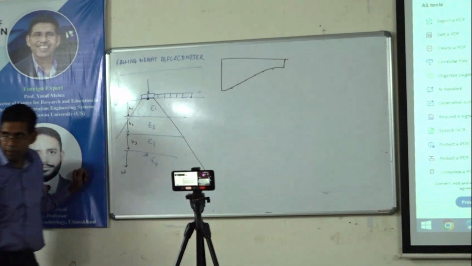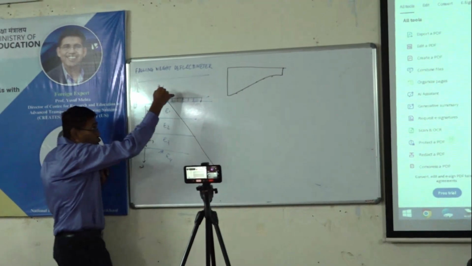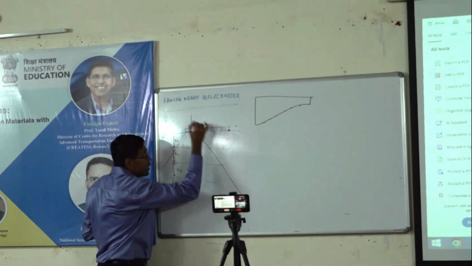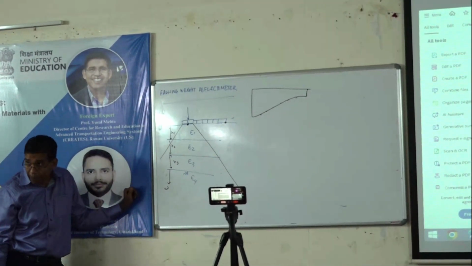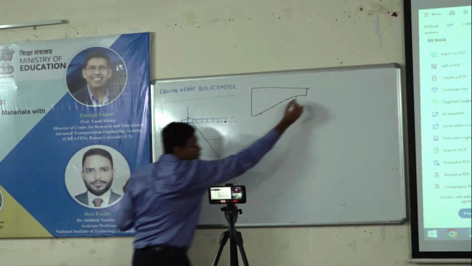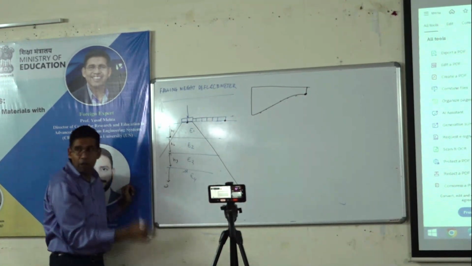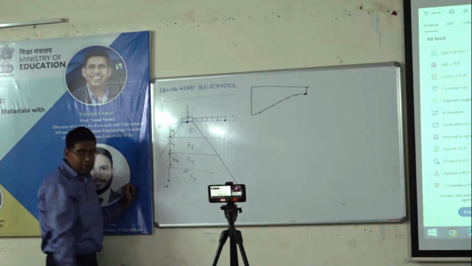Can everybody understand why? Because when I hit a load, there is a cone of distribution and the deformation is happening 6 feet apart. Right? 72 inches apart. But this deflection, whatever this is happening, is not due to E1 or E2, because it is not in the cone of distribution. Can everybody understand this thing?